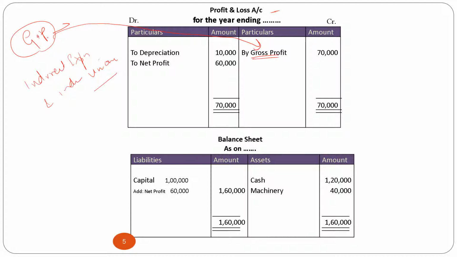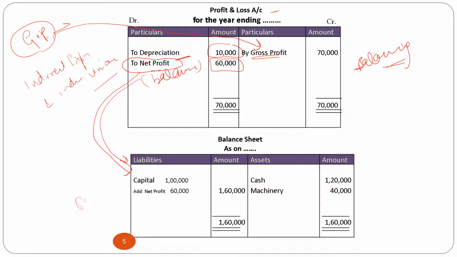And we have the indirect expenses, depreciation. And then again, if we do the balancing of these accounts, then we'll get the 60,000 as our balance. This will be known as the net profit. This net profit will be transferred to the balance sheet as it relates to the owner of the business.